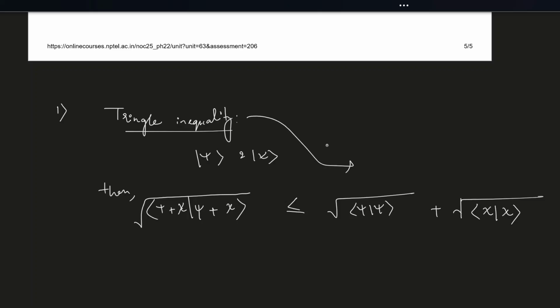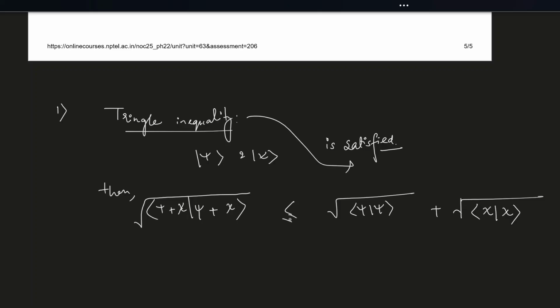If this is true, then the inequality is satisfied. So either equal to or less than. The individual sum will be greater than or equal to the norm of the combined state. So this is the idea.